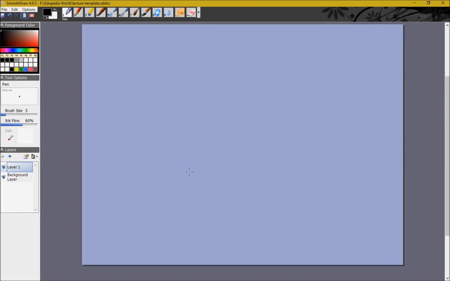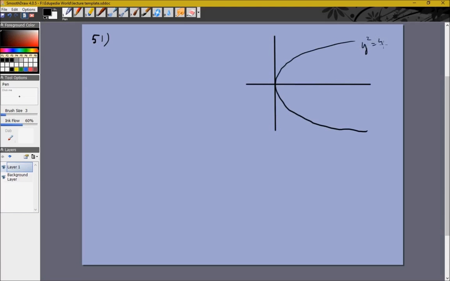Let's move on to the next question, 51. We are given a standard parabola y squared is equal to 4ax with 2 points making a focal chord P and Q. We know that in the parametric form we can represent a point as at squared comma 2at.